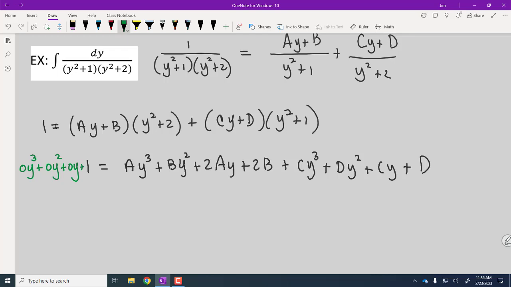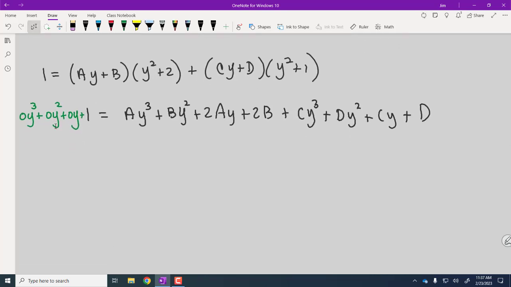So we can imagine those placeholders. That 1 on the left is still a polynomial. This is a polynomial on the left, that's a polynomial on the right. The only way those two polynomials can be equal is if the coefficients match. So on the left, the coefficient of y cubed is 0.